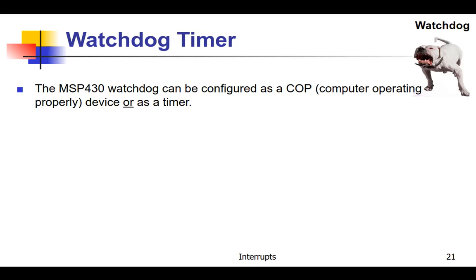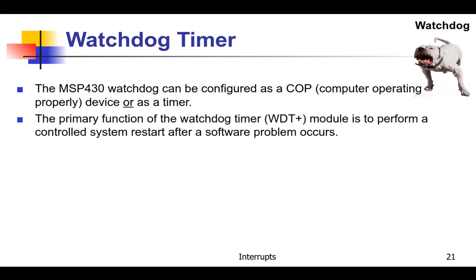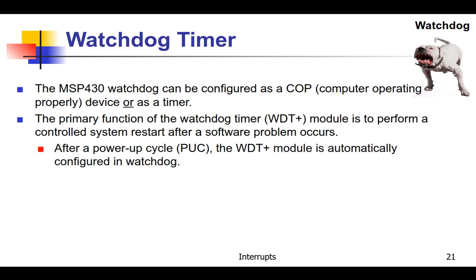The COP will notice that the watchdog timer wasn't serviced at a proper interval, and it will basically reset the processor, try and get things going again. You can also use the watchdog timer as a regular timer, as it says there. So the primary function of the watchdog timer is to perform the controlled restart after a software problem occurs.